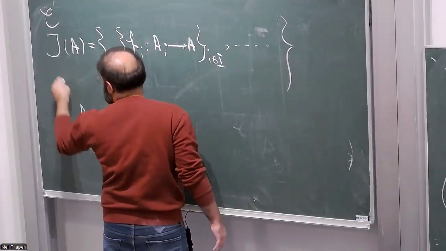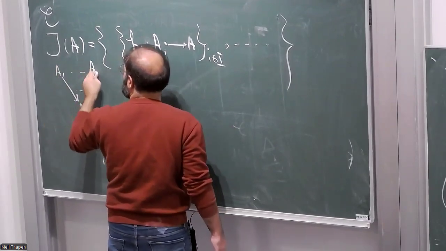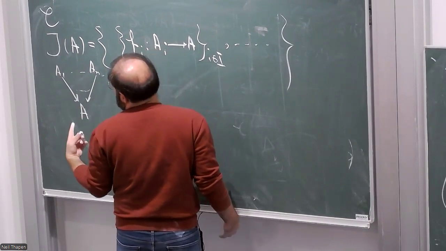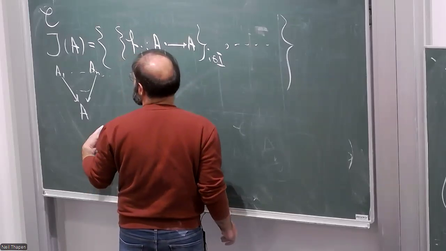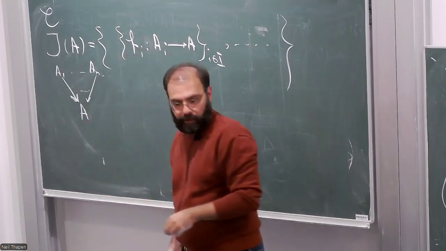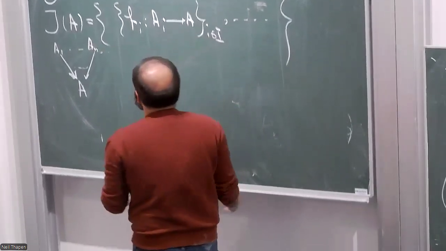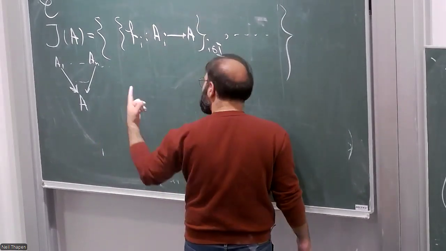Something like this, some families going from A1, ..., AN to this, just some of them. And not in an arbitrary way. But before that, I have to say what the intuition is. The intuition is that these are subsets of A that cover A. So the intuition is this, and the definition is that you have to pick some family, but not any.